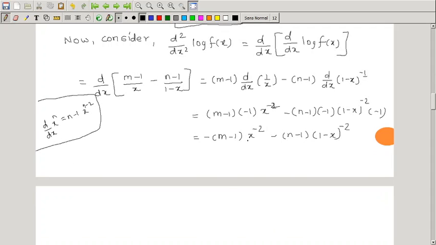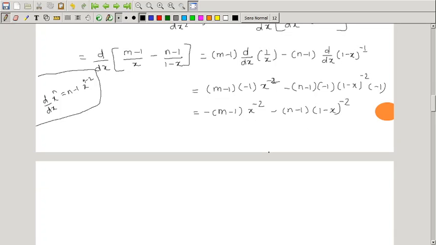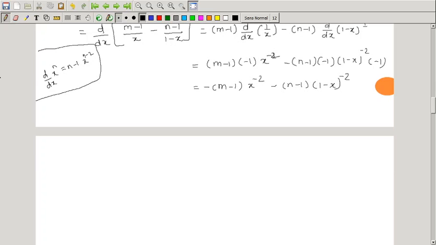Here I have just put x equal to (m - 1) upon (m + n - 2).